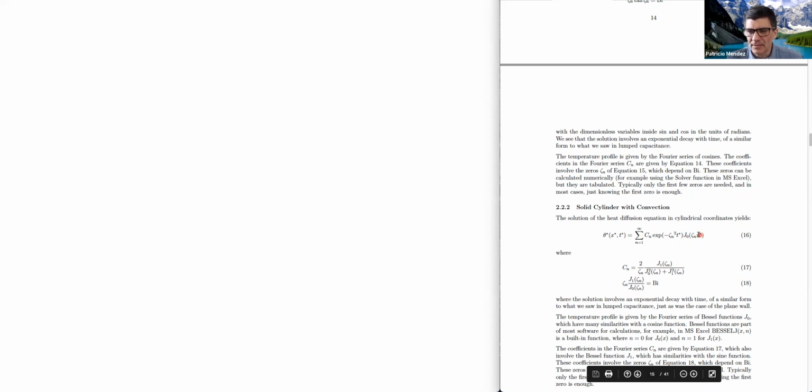It depends on, in this case, r star, that is the dimensionless radius, and T star, that is the dimensionless time. And these coefficients, just as before, have different formulas, but the working is exactly the same. You give me the Biot number, and I'm going to give you everything else. Much like before, these zeta n come from an implicit equation.